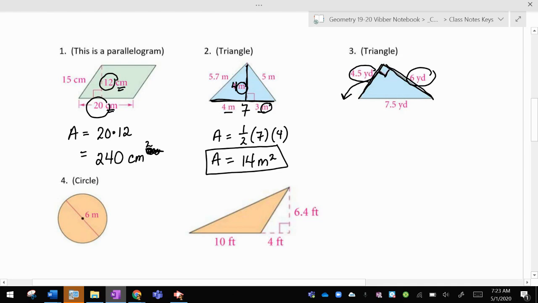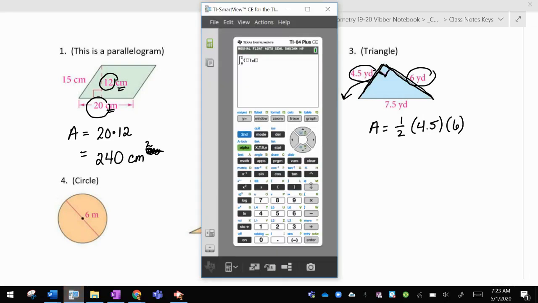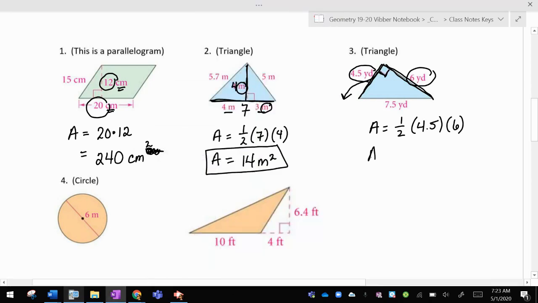So what we're going to do with this triangle is say that its area is 1/2 times 4.5 times 6. If I pull up my calculator and I do 1/2 times 4.5 times 6, I get 13.5. So this area is going to be 13.5 square yards.